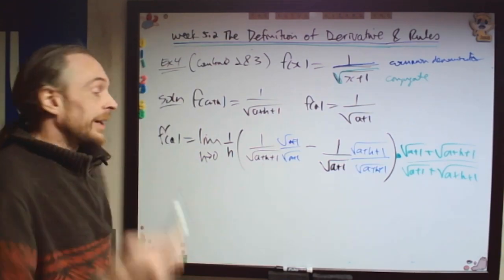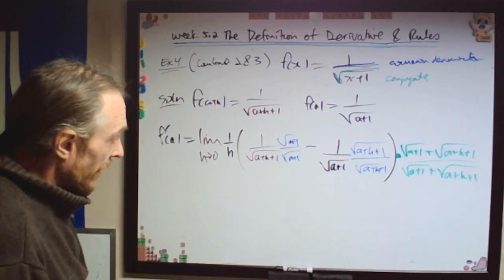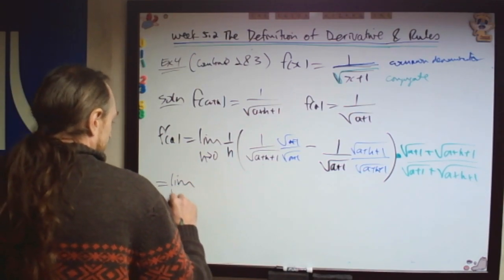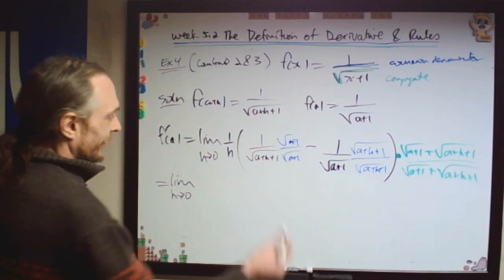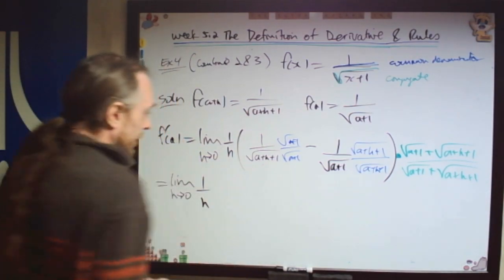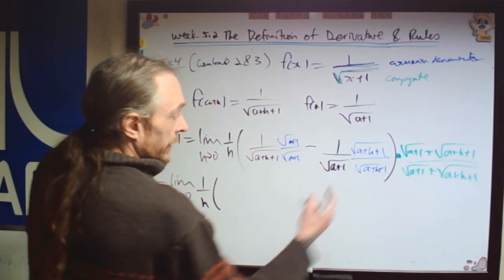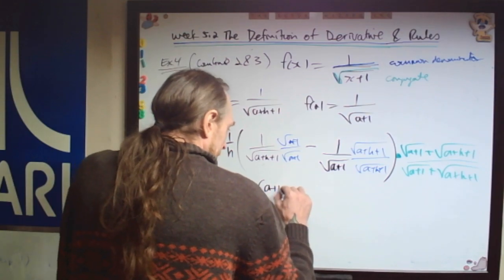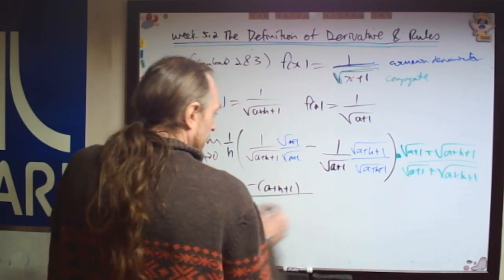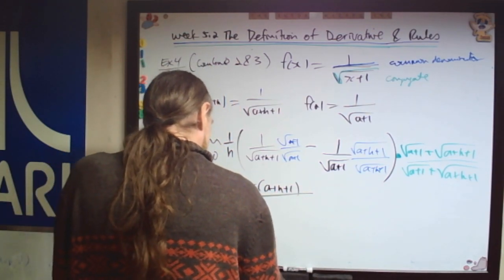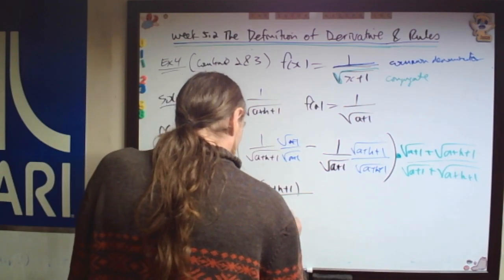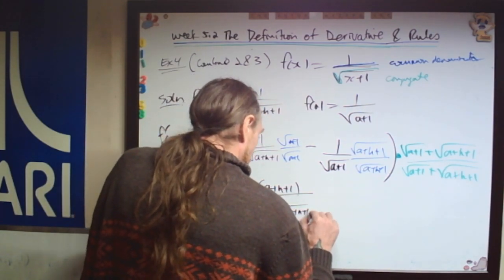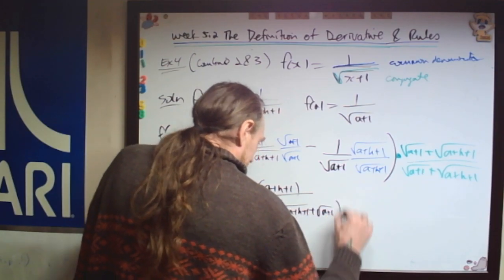Now that I do that, yes, we'll get a hot mess, but what are we going to get? On the top, we get equals the limit as h approaches 0 of, now we have the 1 over h still, and then I have whatever's underneath, the first one, a plus 1 minus a plus h plus 1, over that hot mess, a plus h plus 1 times a plus 1 times the square root of a plus h plus 1 plus root a plus 1.